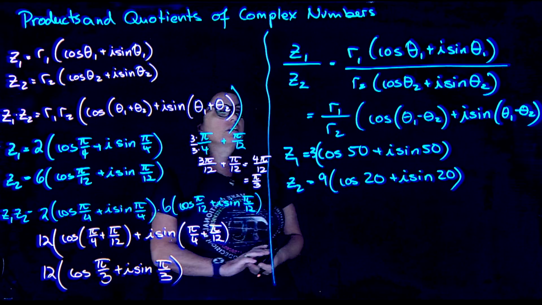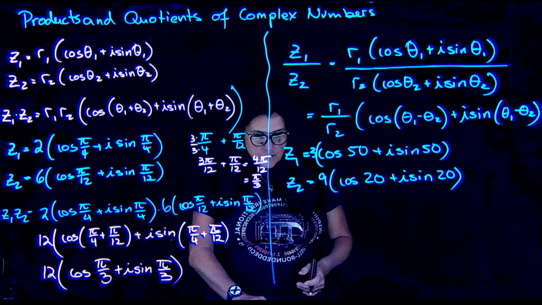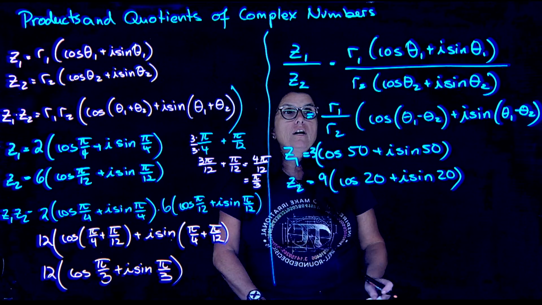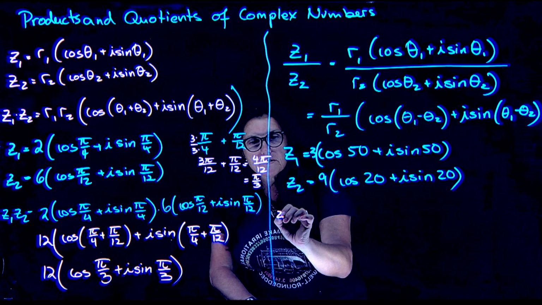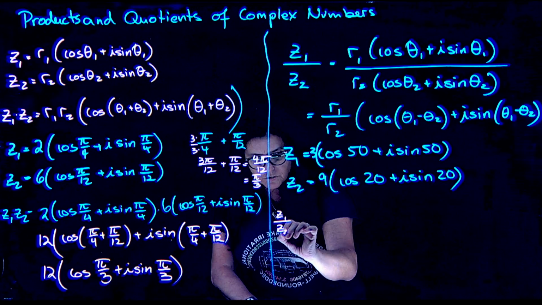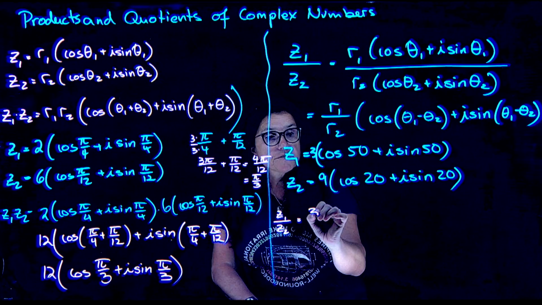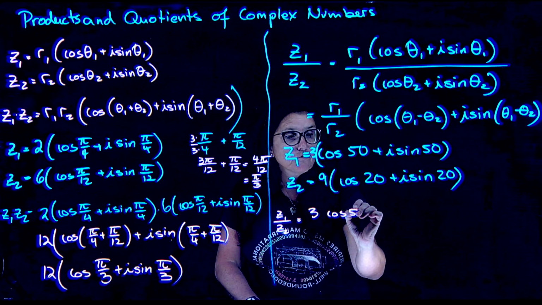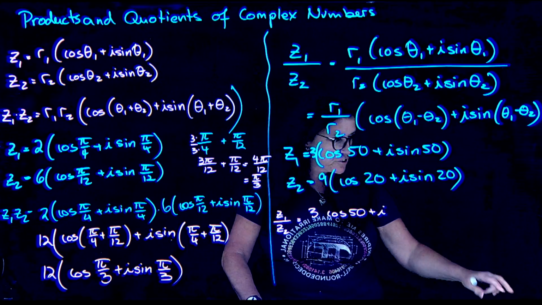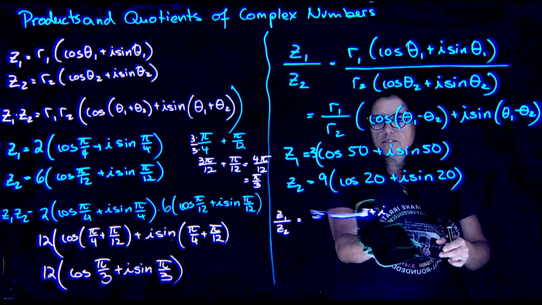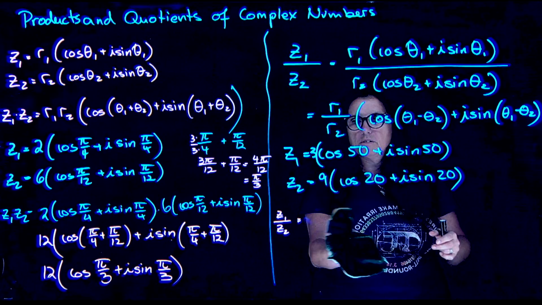Let's take a look at the quotient, the division problem we have. I'm applying the formula, so that would be Z1 over Z2 is 3 cosine 50 plus I, I have it right here. I don't actually need to rewrite it again. I can apply the formula right away.